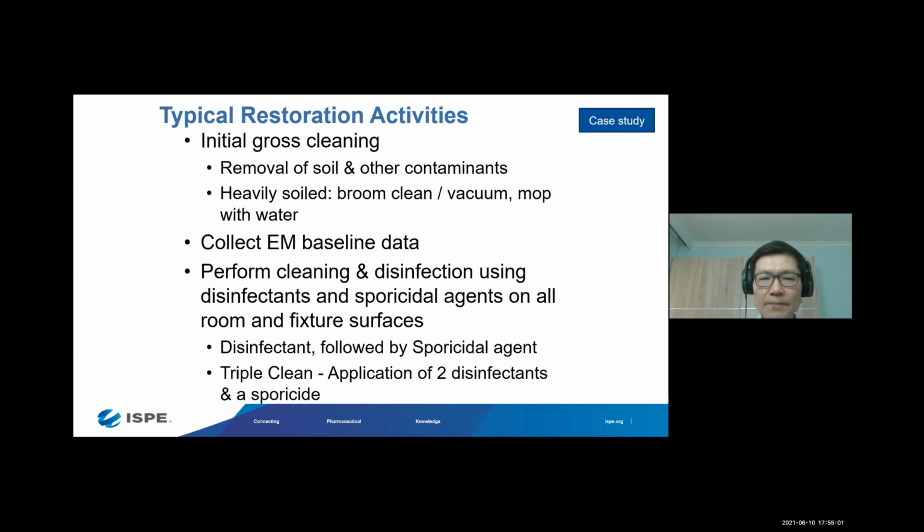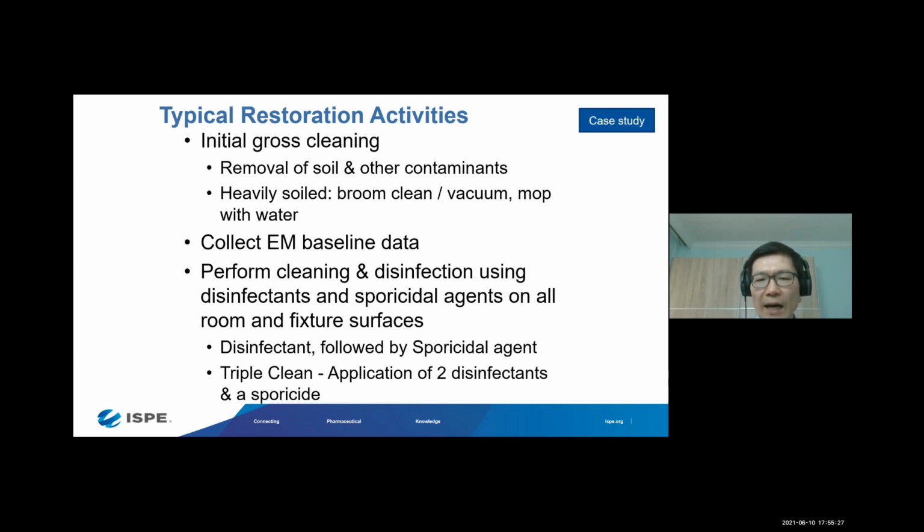One of the methods is the so-called triple clean. Triple clean, as the name suggests, is like cleaning three times. In this scenario, typically you apply two rounds of disinfectant, followed lastly by a sporicidal agent.